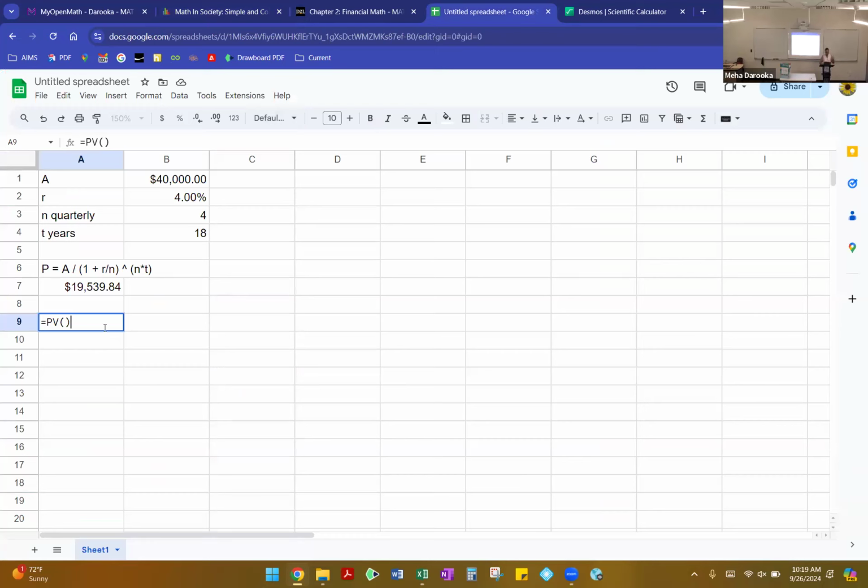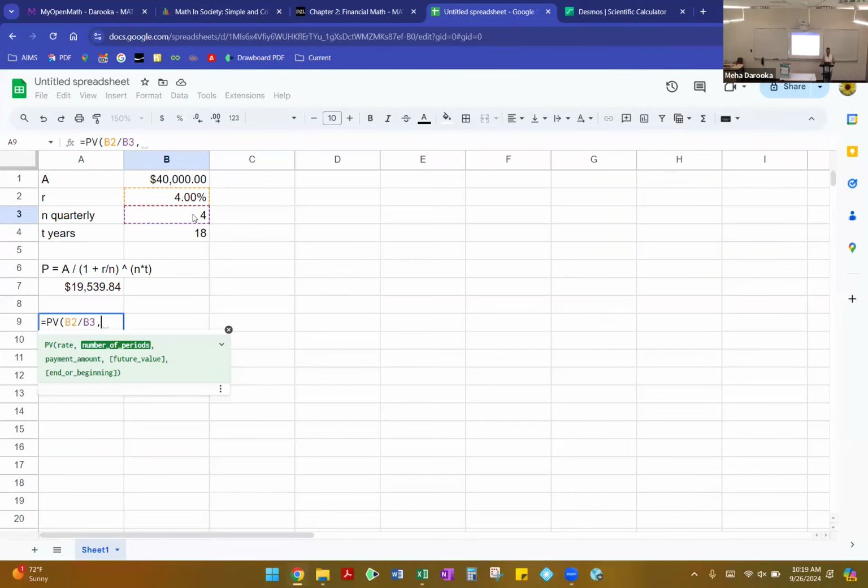So I'll show you both ways. If you wanted to do the rate, it is R divided by N. So you either type R divided by N values in there. So that's the rate argument, comma, number of periods is N times T. So that becomes our second argument, N times T. Remember, we said we are not making any payment, so that number is going to be 0.